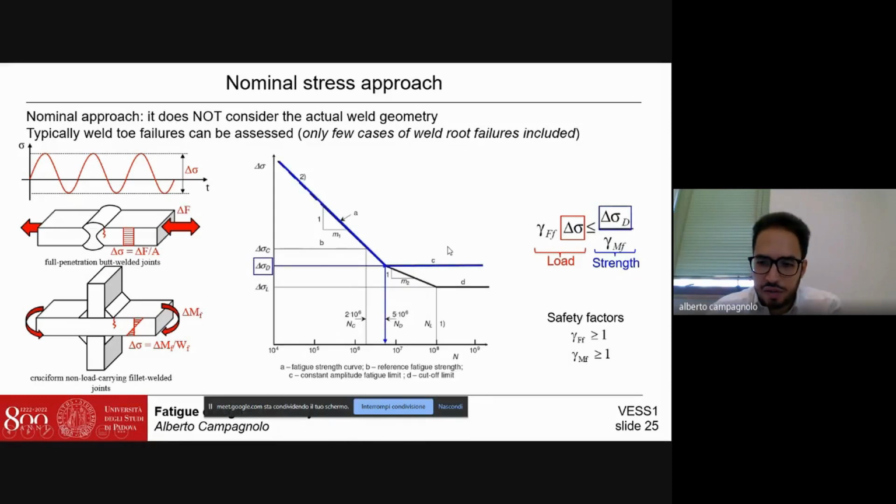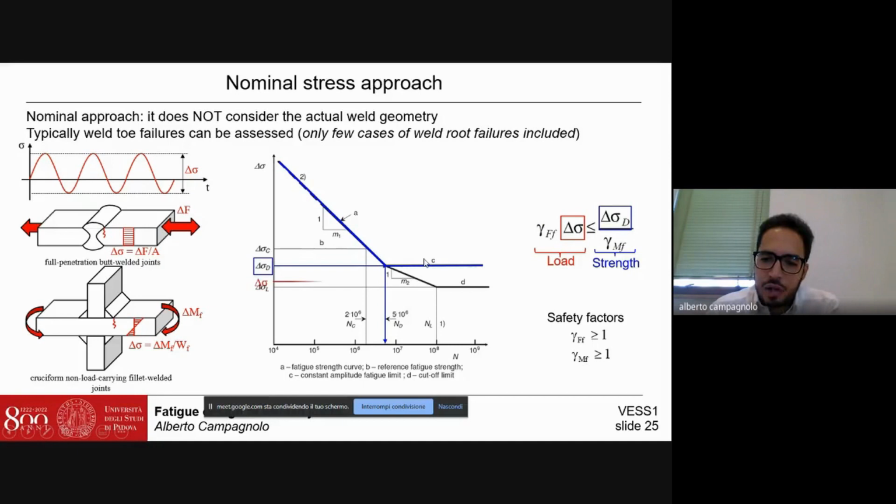After that, the load parameter, eventually increased by a safety factor, should be compared with the constant amplitude fatigue limit, which is typically defined by standards and recommendations at 2 million, 5 million or 10 million cycles, depending on the geometry. So we have two cases.